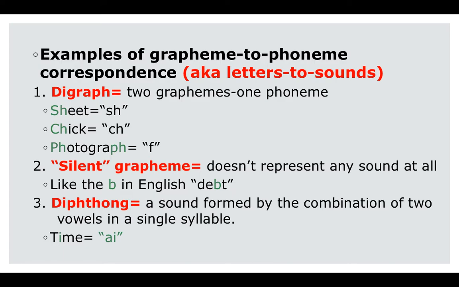There's the PH sound. So students need to start learning these, as well as silent graphemes, like in the word debt. We don't say the B. And then diphthongs are vowels, so two vowels to form a single syllable, like in time.